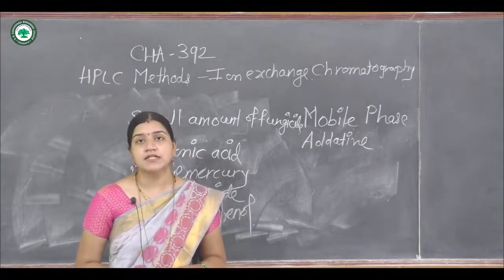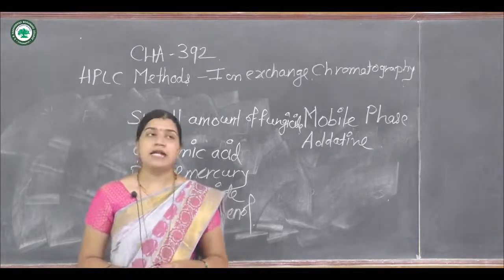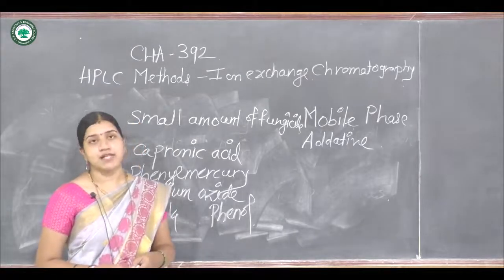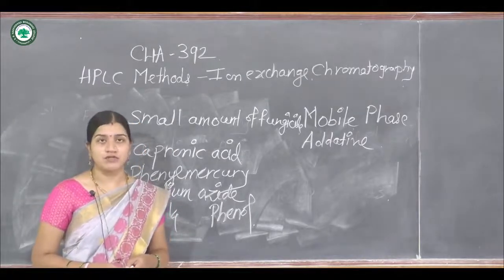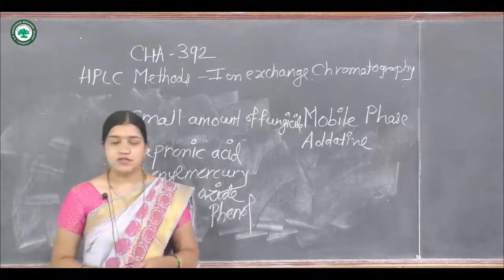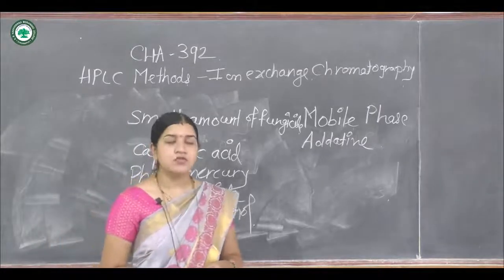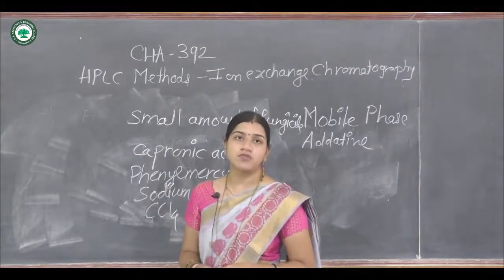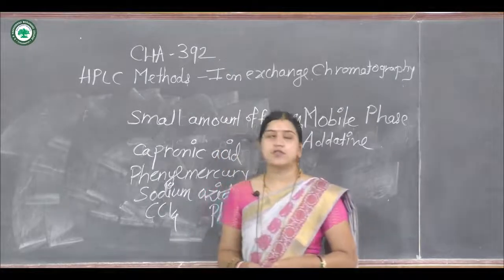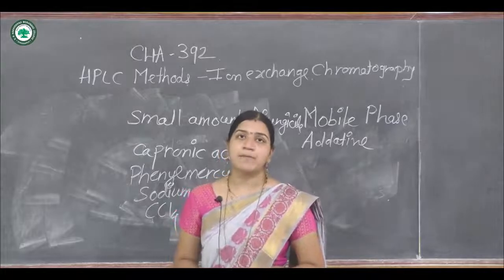After that, you have to consider the mobile phase, and in it you have to select a water miscible solvent. Along with this, you also have to add some amount of fungicides in ion exchange chromatography.